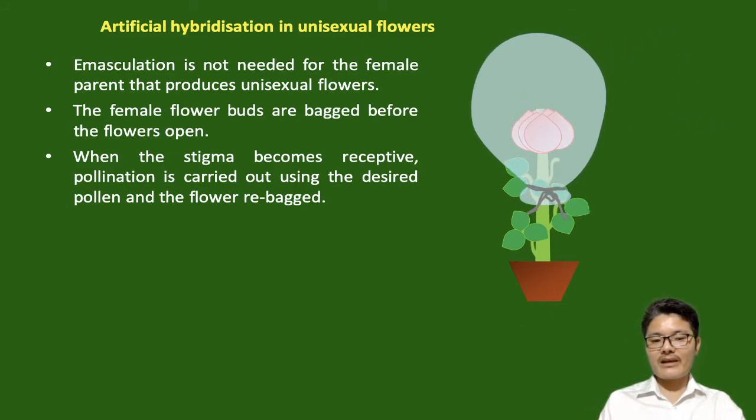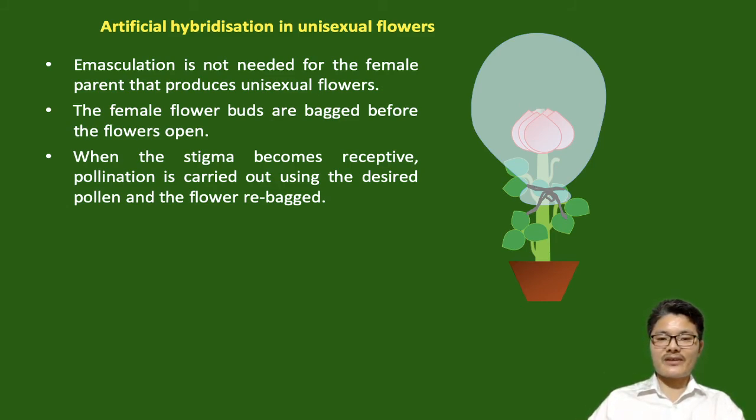After rebagging, seeds are formed inside the fruit, and on germination of seeds we are able to reproduce another unisexual plant, right? So this is how unisexual flowers are artificially hybridized. In case of unisexual flowers, there is no need of emasculation, as the flowers only have the female reproductive part, that is the pistil.